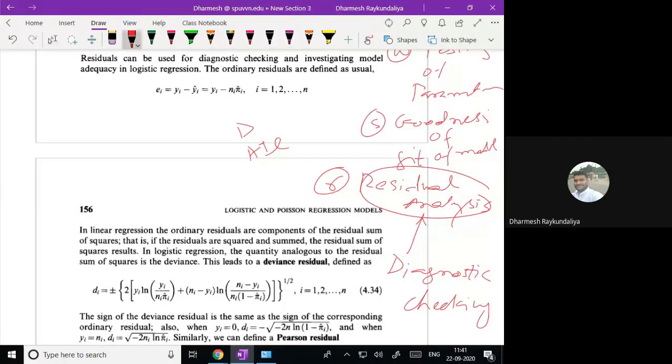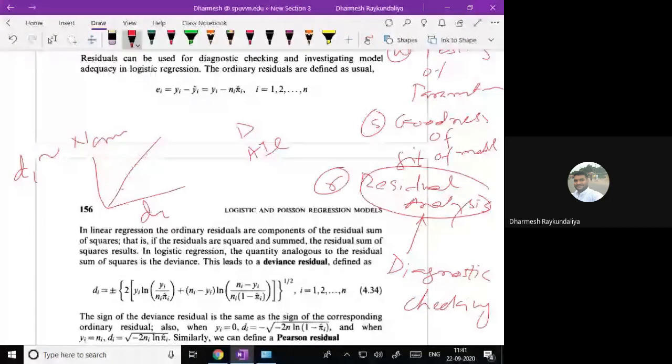So residual analysis, we always try to see whether the deviance residuals DI are normal or not. So we always make a plot of DI, okay, and we try to see whether all the points are covered by the line.